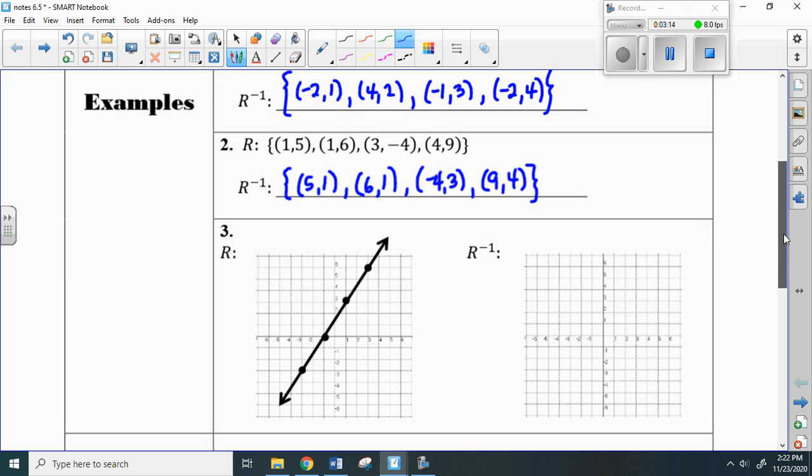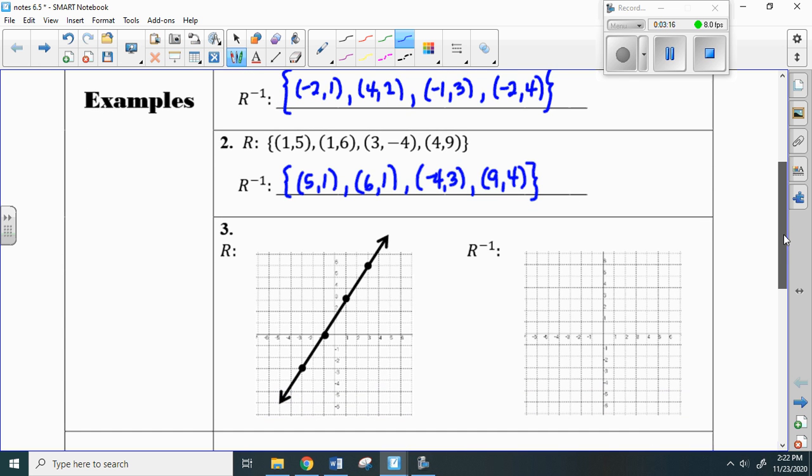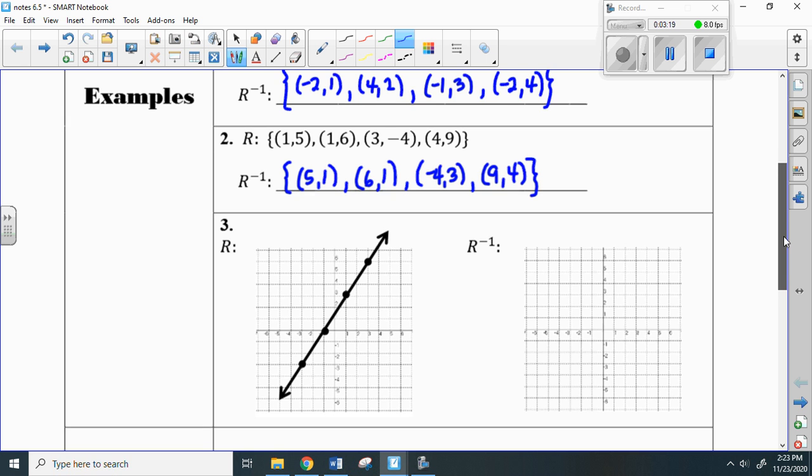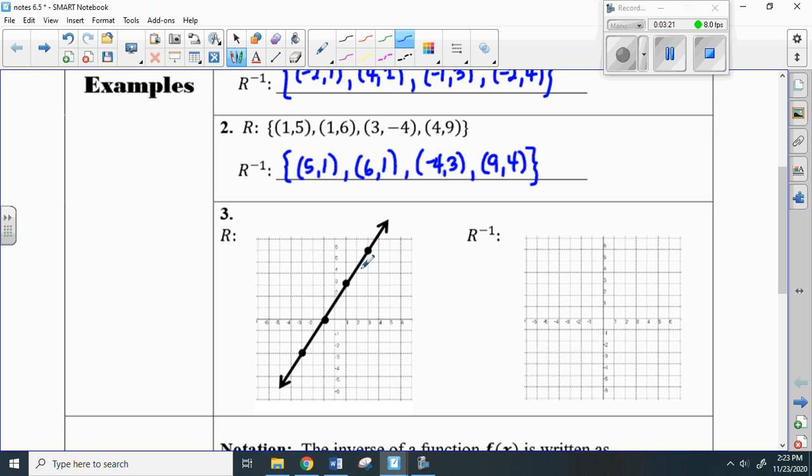All right, so let's take it a step further. Let's take the graph of a line, and let's come up with the inverse of that graph. Notice that I have marked some points on this graph. If I can label those points, oh, that's not -2, sorry, that's -1.